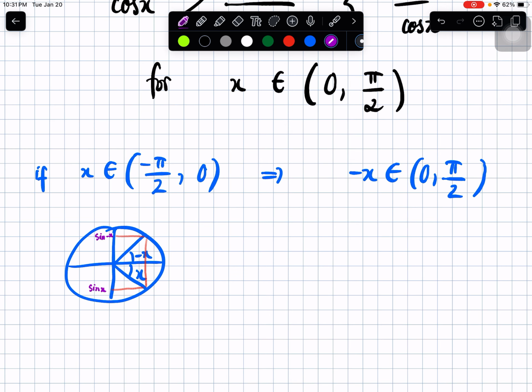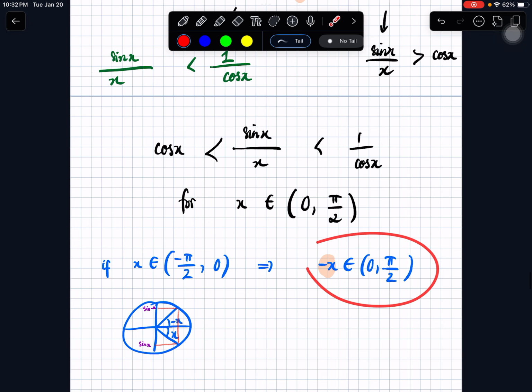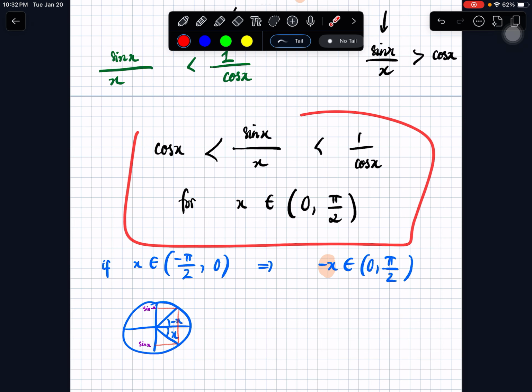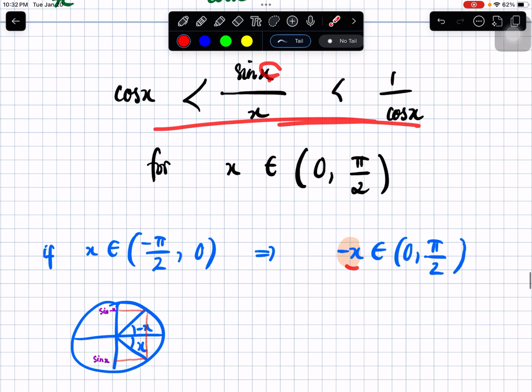Now x and minus x, minus x is between 0 and pi divided by 2. I can apply this here. I can use these inequalities for minus x.